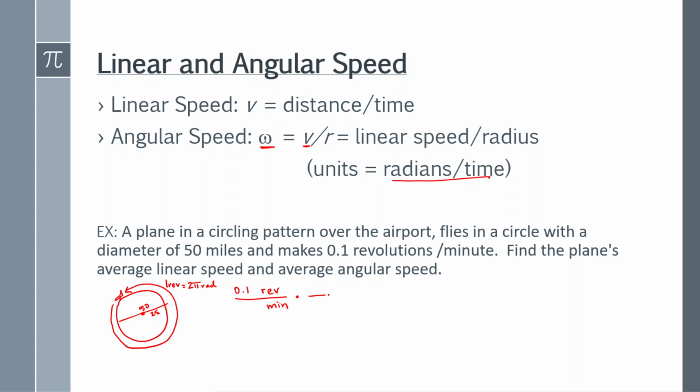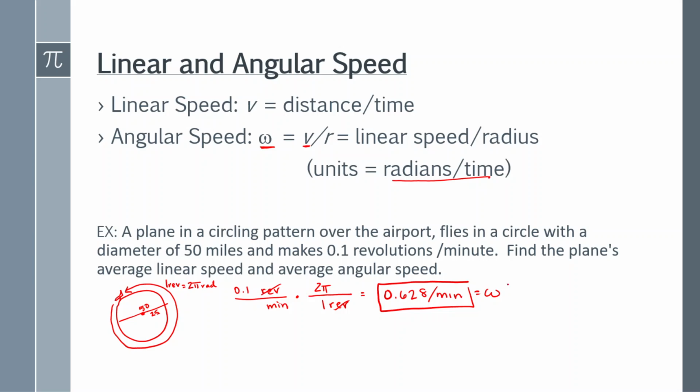So I can do that conversion by saying 1 revolution, so that makes this go away, equals 2 pi. And when I take 0.1 and multiply by 2 pi, I get 0.628. So this is my angular speed.